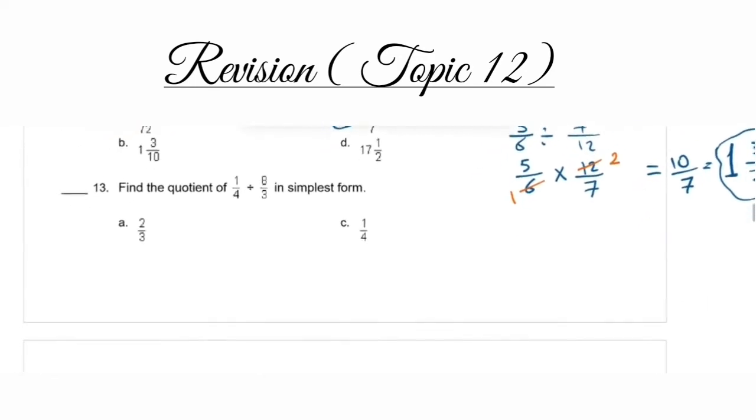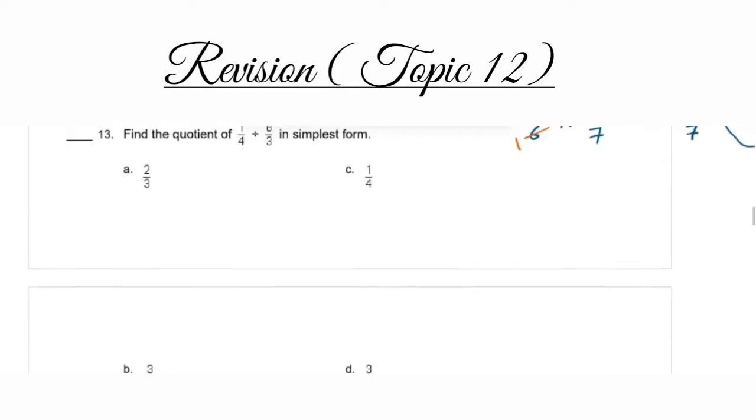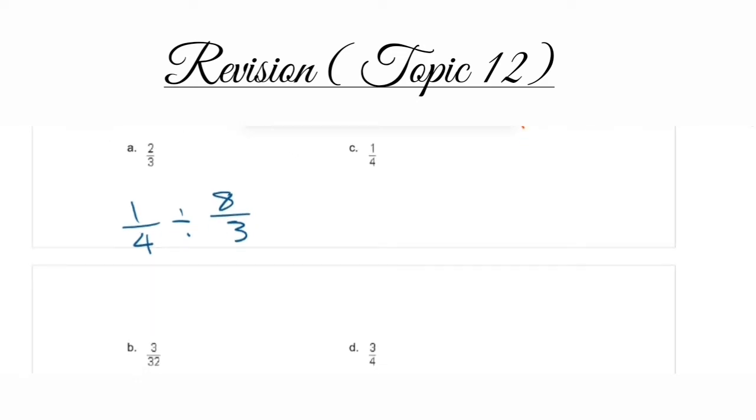Question number 13. One fourth divided by 8/3. Okay, let's do the same. 1/4 multiplied by 3/8. Simplify.